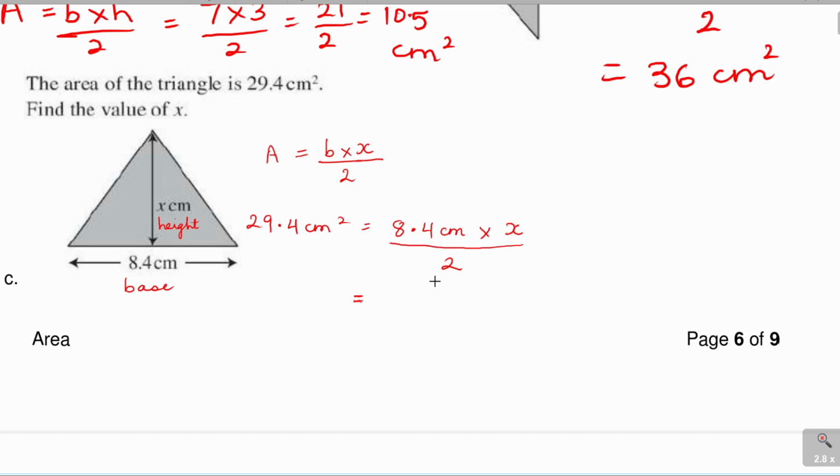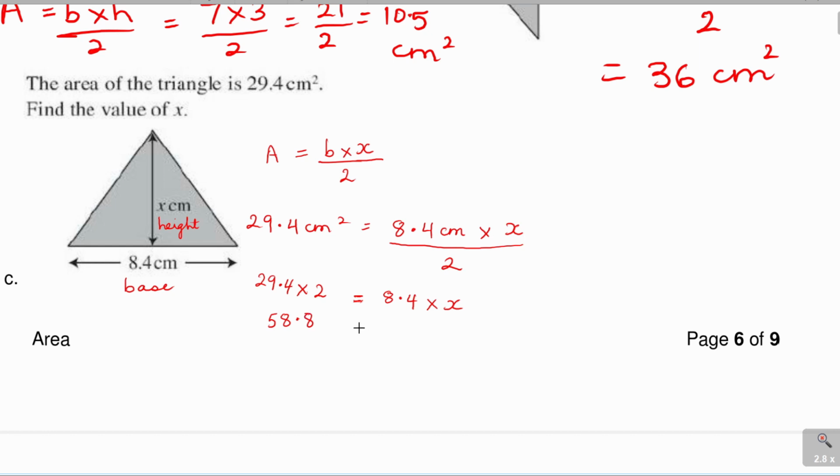If I am dividing by 2 here, and I want to bring this to the other side of the equal sign, I will do the opposite, which is not divide, but to multiply. Alright, so I got rid of that 2. So now I'm left with 8.4 multiplied by x. Let's work this out. 29.4 multiplied by 2. And that gives me 58.8.